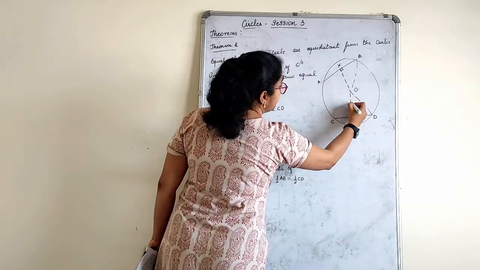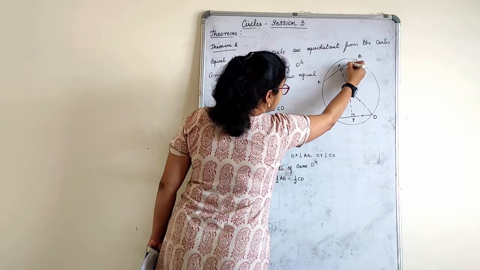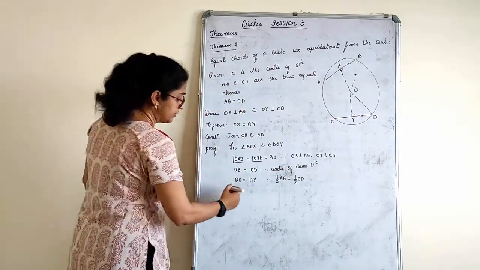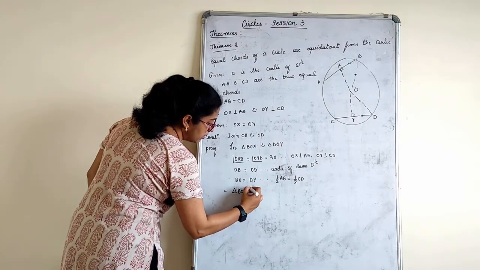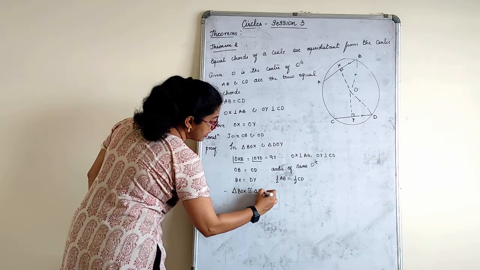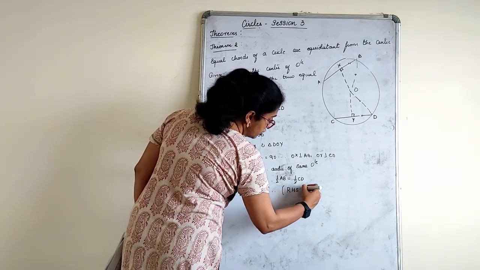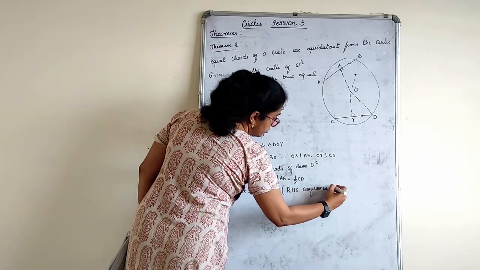So we have hypotenuse which is equal, these two which are equal, and a 90 degree. Triangle BOX is congruent to triangle DOY by RHS congruence rule.